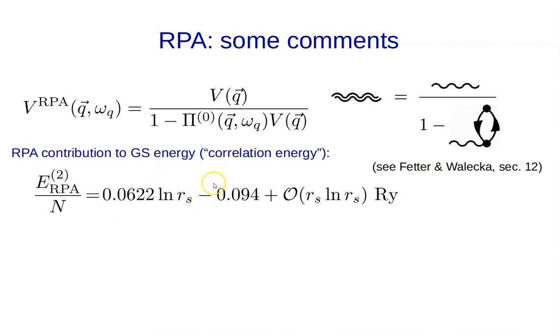And now there is a constant term, plus this term that goes with log Rs. So it does not explode, but still increases with Rs, and this is already in units of Rydberg. Superior orders will be something like Rs times log of Rs, so now things seem to be well behaved. If you want to see the full calculation, just look at Fetter and Walecka, section 12. It's very instructive to look at.